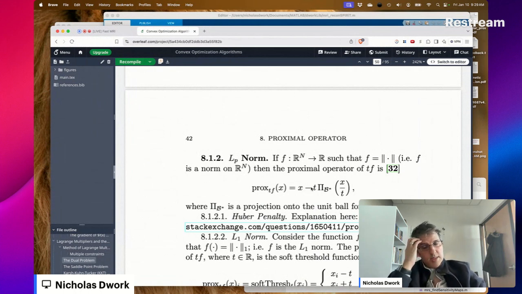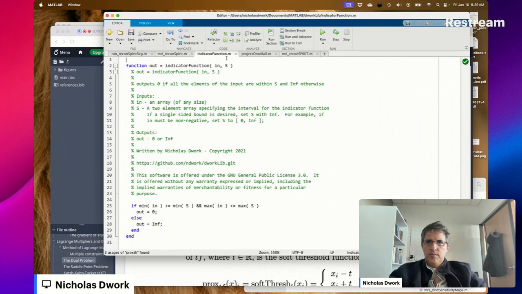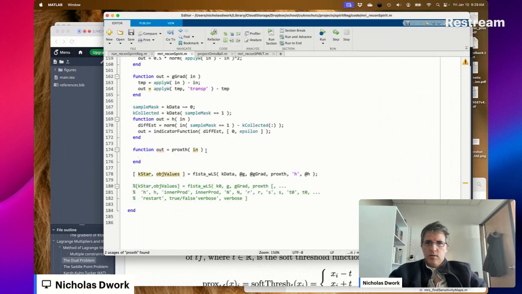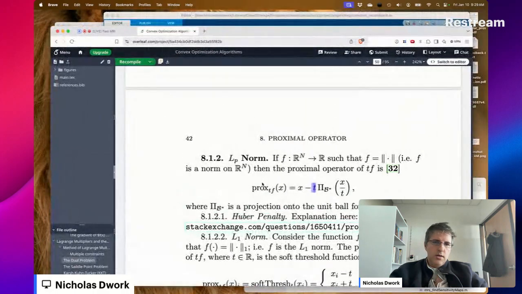So I'm going to take X minus T. That's right. I need the... because I'm not taking the proximal operator of the function h, but of a scalar t times h. Okay. And so I guess we're going to do this.